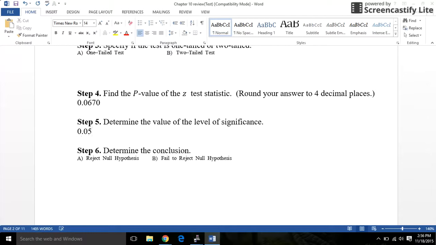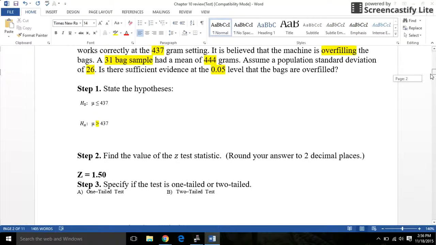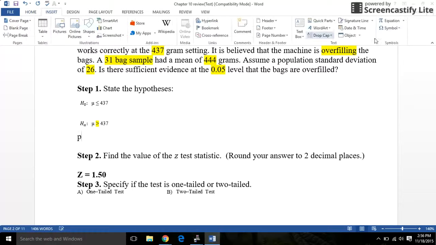Determine your conclusions. What I'm going to do is show you up here. If P is less than your alpha, you reject your null. And I say, if people eat fish from the River Nile, that's how I remember it. So my P was 0.067.